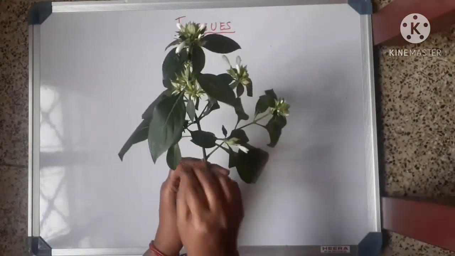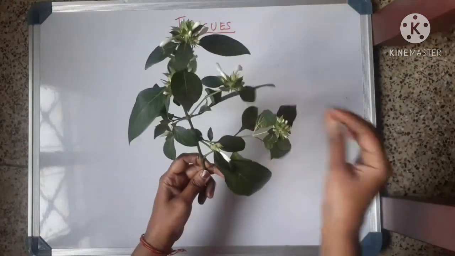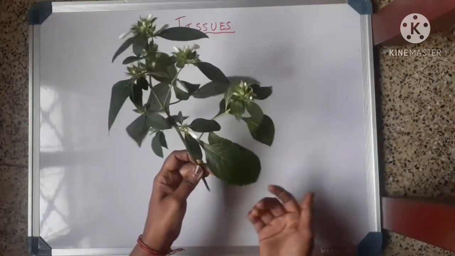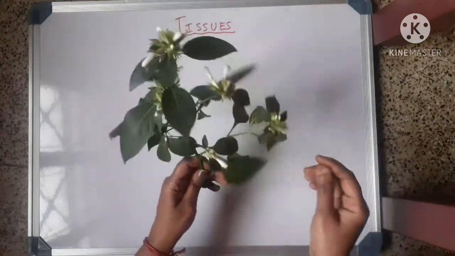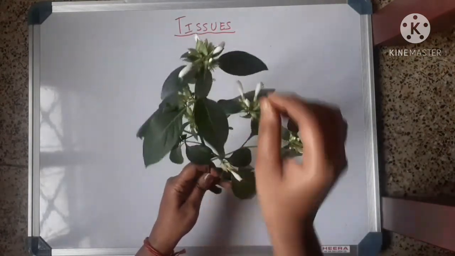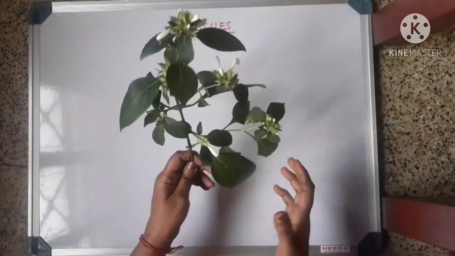So they are present in the tips, see here, this tip, this tip, all the tips of stems and roots also. I can't show the root here, the root is missing. The tips of stems and roots are formed of meristematic tissues because they keep on actively dividing and helping in the growth of the plant.